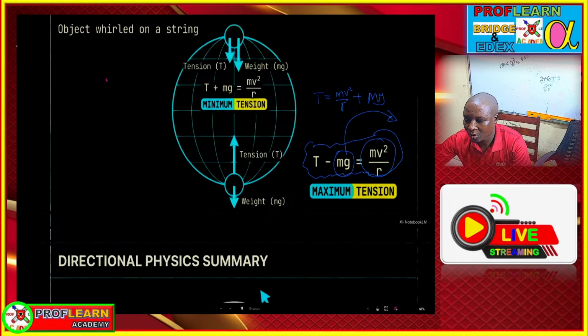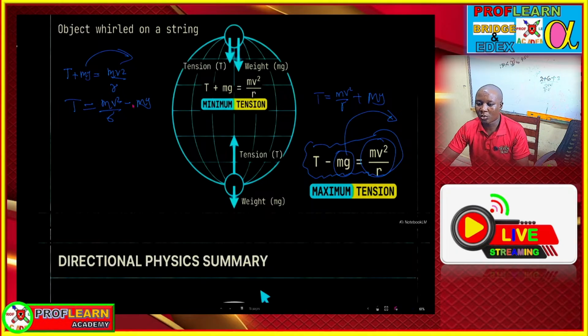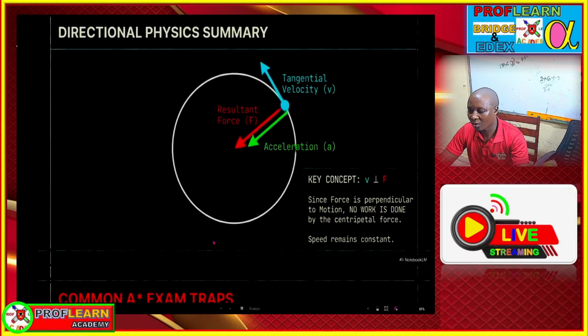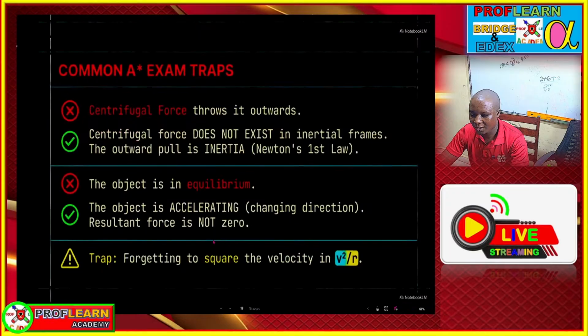But at the highest point, we have tension and the weight, both of them acting downwards, which is mg, and that is equal to mv squared over r. Then if you take this to the other side, you shall have T is equal to mv squared over r minus mg. So you can see the value you are going to have for the tension at the top is going to be less, but here you are going to have maximum tension, and that's why we're saying that when an object is moving in a vertical circle, it's likely to snap, it's likely to break at the lowest point.